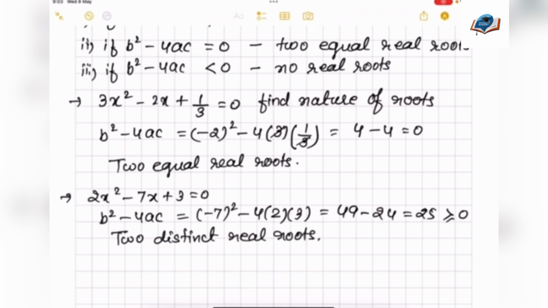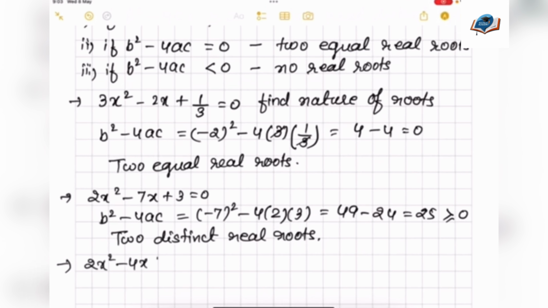Now let us see one more example where we will have no real roots. So let us see that also and understand. For that, the equation given to me is 2x square minus 4x plus 3 equal to 0.